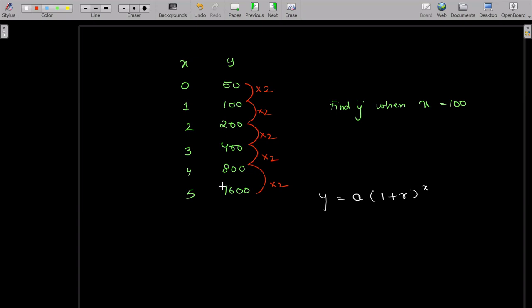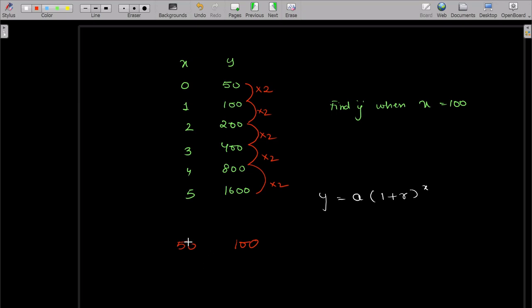Is it possible? From 50 to 100, how much is the percentage increase? If you have to find out the percentage change, if you have 50 and you have 100, how do we find out the percentage change?